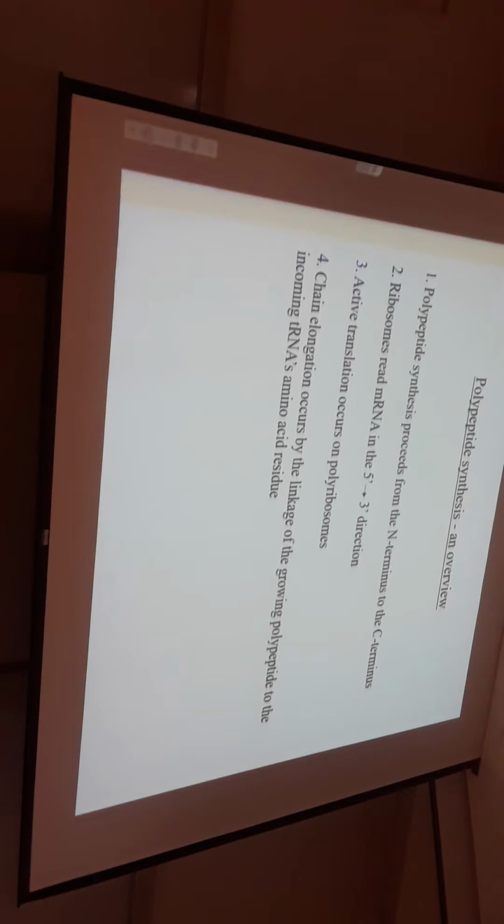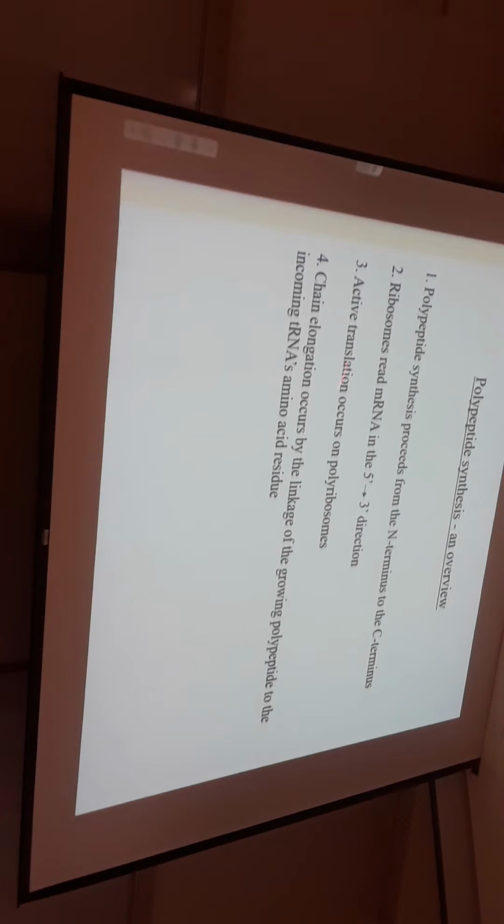I pointed out that this is a non-trivial task. It's actually quite elegant how this is done, and we in the lab can't really do this reliably. I also mentioned that ribosomes read the mRNA in the 5' to 3' direction, and we saw that translation occurs in polyribosomes. Remember these little mice we saw last time.